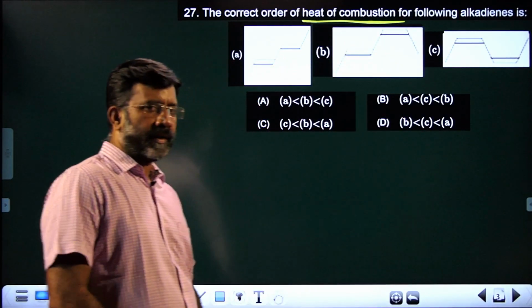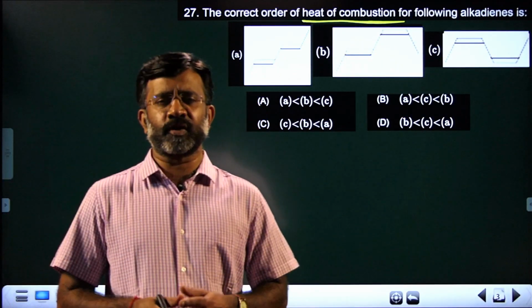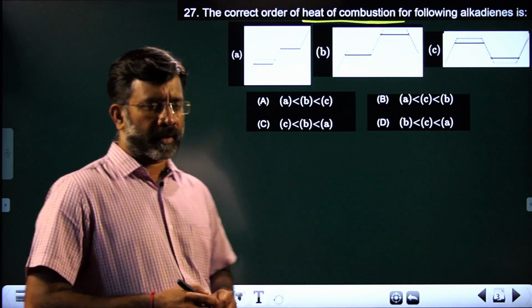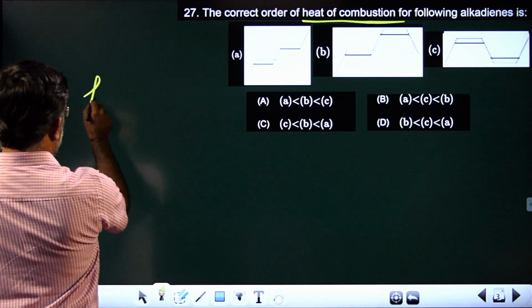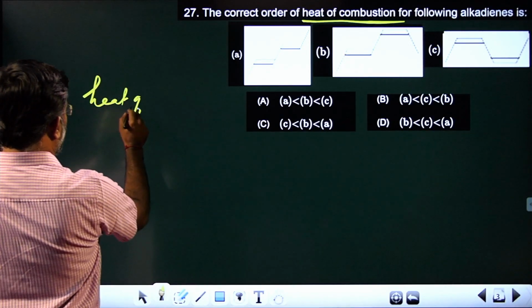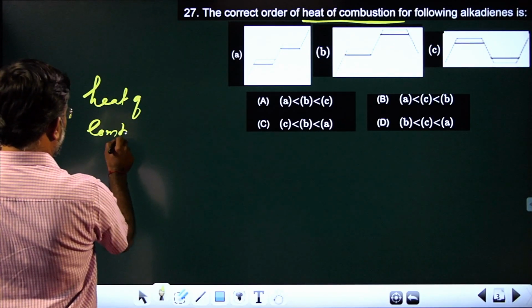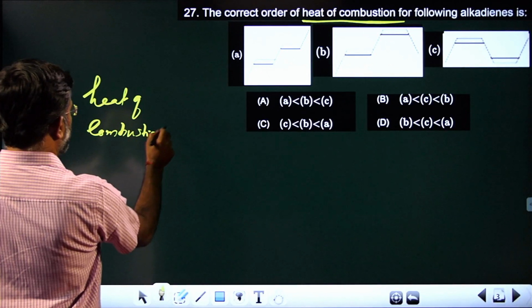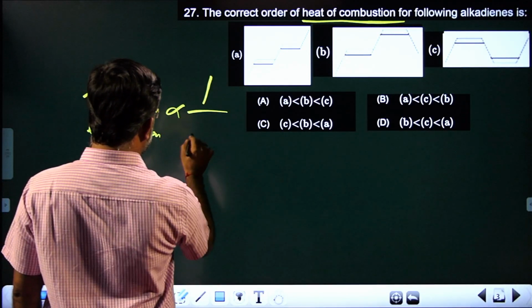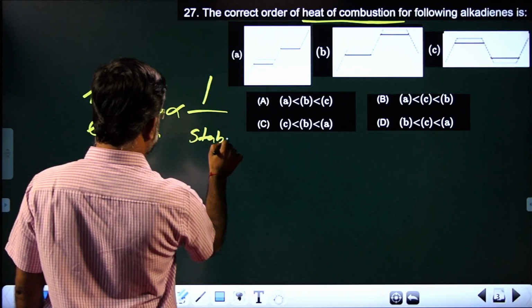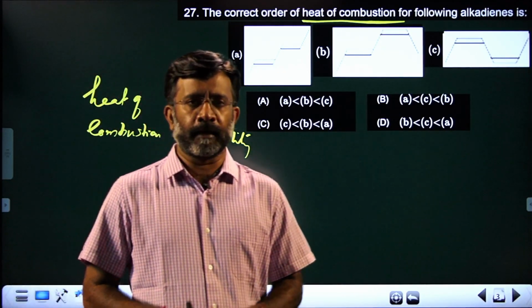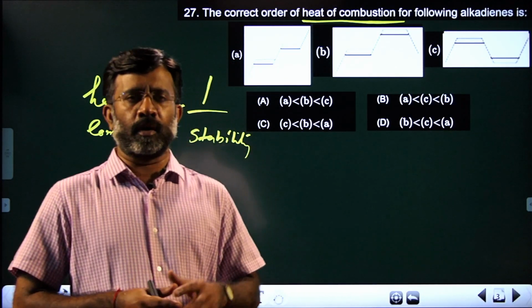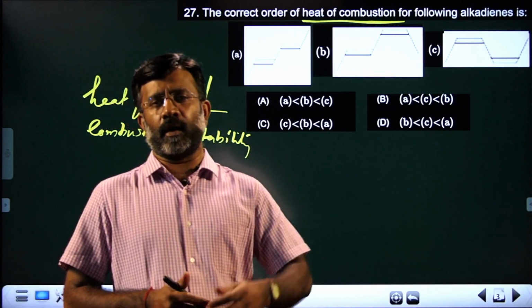Please understand, heat of combustion has some relationship with stability. We can say it is inversely related to stability. So the greater the stability of the molecule, the lower will be the heat of combustion.